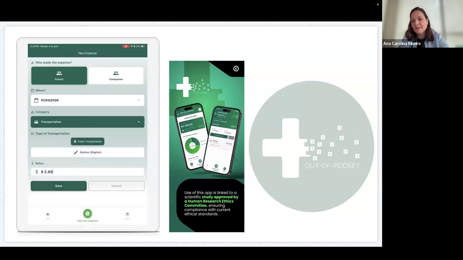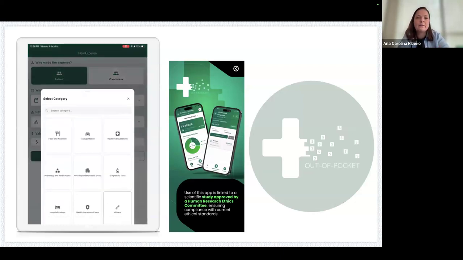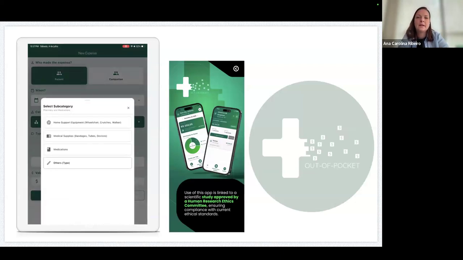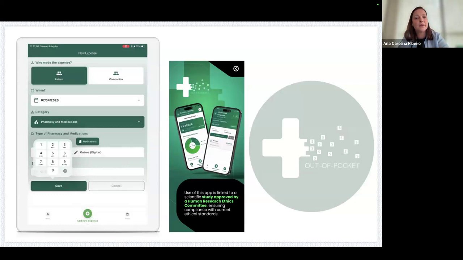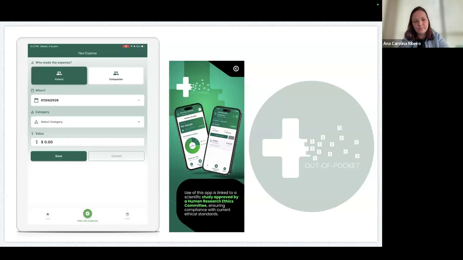At this stage, we are evaluating the app with experts. We are trying to validate this app with experts and patients in Brazil and the United States. So I really hope to share the results of this study soon.